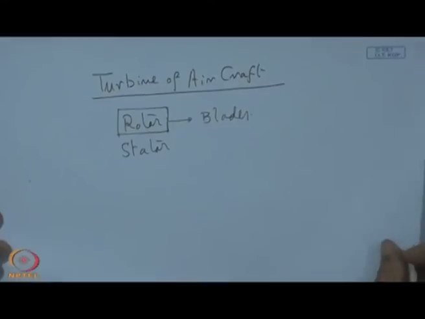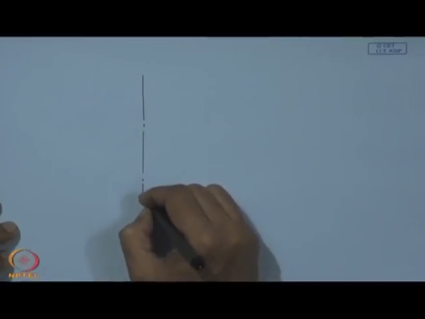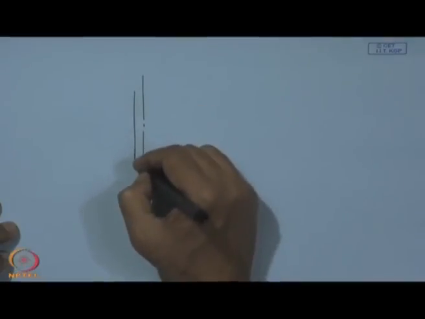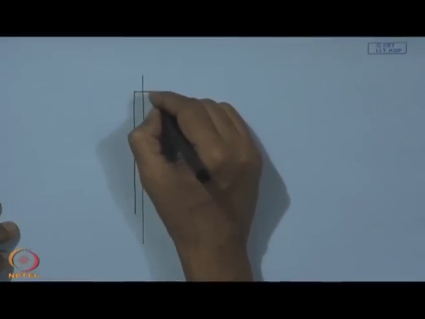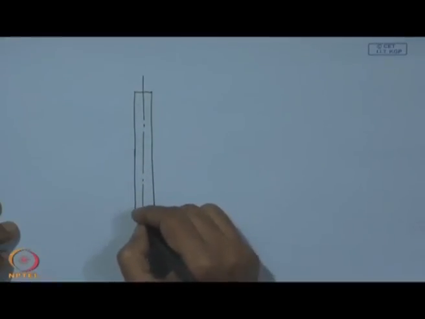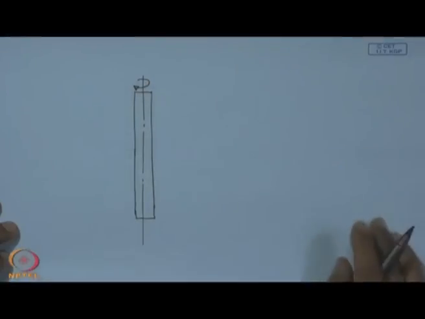Now, let us look into the basic construction of this pump. Here there is a shaft, and it is moving this way at a very high speed. It can be 50,000, 60,000, even 100,000.